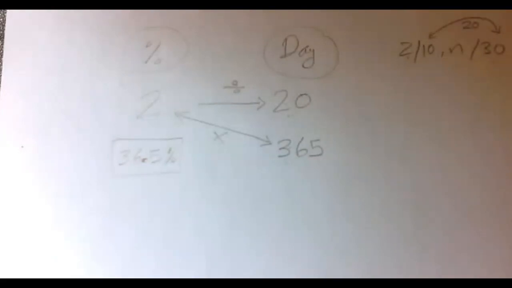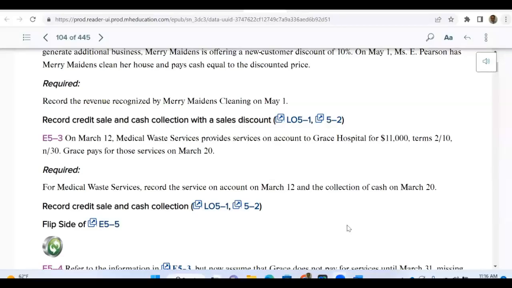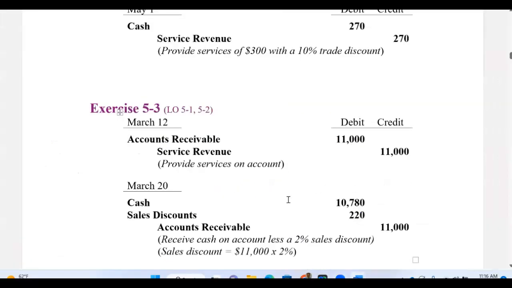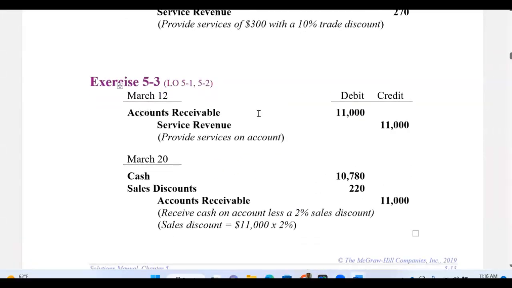Let's remove this. Turn on my camera. Go back to sharing. And here we go. Okay, so the solution I have for you is here. The solution is you recognize the accounts receivable for $11,000 and credit service revenue for $11,000, right?